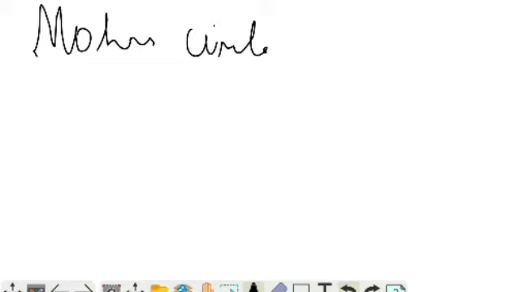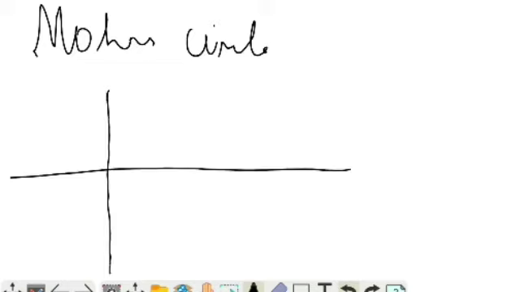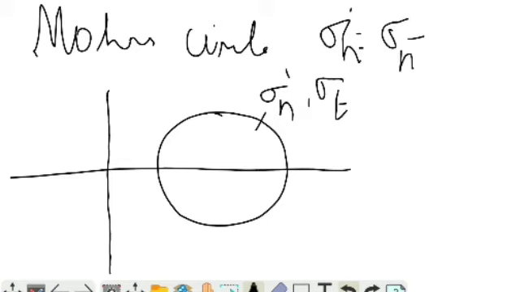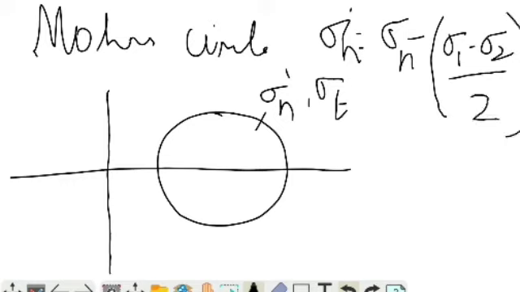That is, I will show you. If we have a circle like this, at any point the coordinates will be giving you sigma n dash and sigma t, where sigma n dash is nothing but sigma n minus sigma 1 minus sigma 2 by 2. So this we have taken before so as to obtain that equation. So that is how we get Mohr's circle.